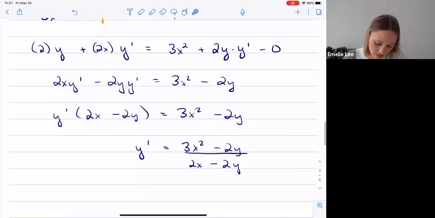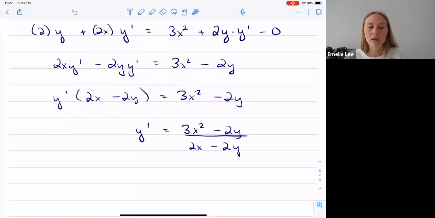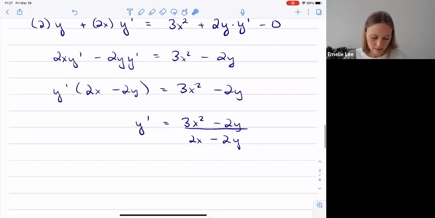Sorry, I was thinking about another thing that we're going to do later, but yeah, I'll be quiet. No, I won't. I'll keep talking. So this is our overall derivative. This is the slope of the tangent line at any point x, y on the curve.